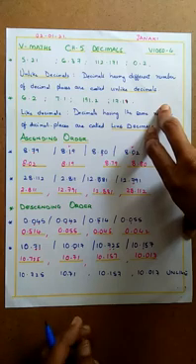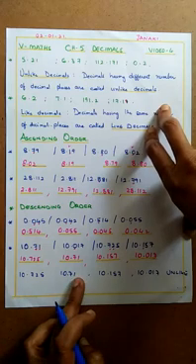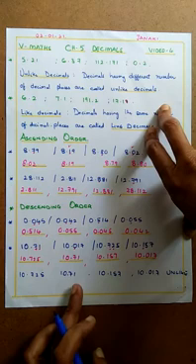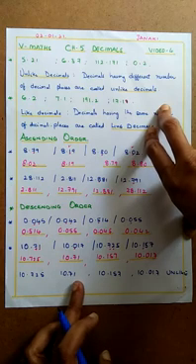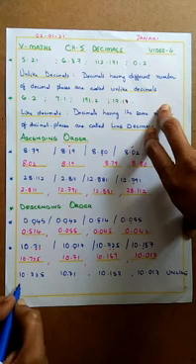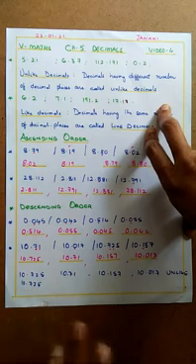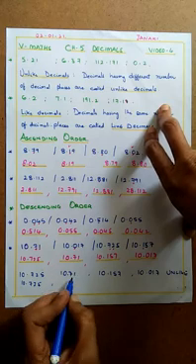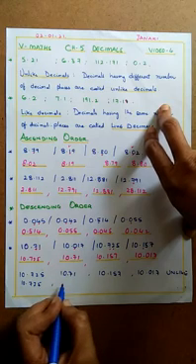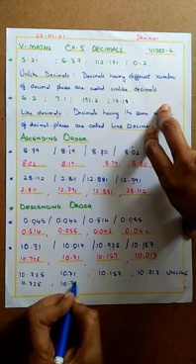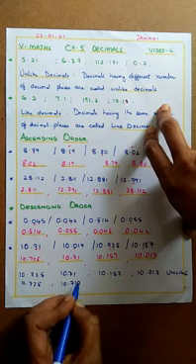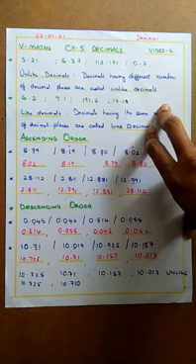How? By placing a 0 to the extreme right. When you place a 0 to the extreme right, the value does not change. Like 10.725: 3 places are there, so don't touch it. Next, here you have only 2 places, 10.71. Now add one 0 in the 1000th place.